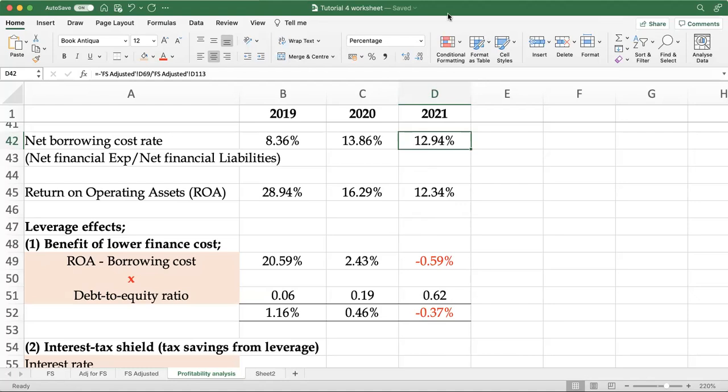So in 2021, the company's finance costs have been higher than the return generated from the assets. The meaning is nothing remains to shareholders. There is no positive leverage effect to shareholders.